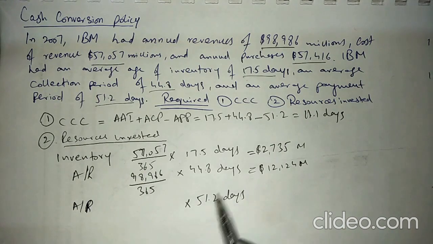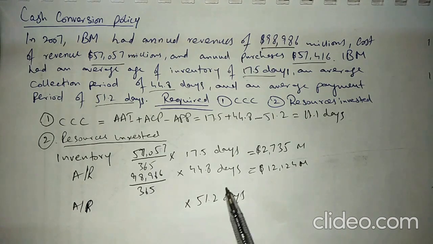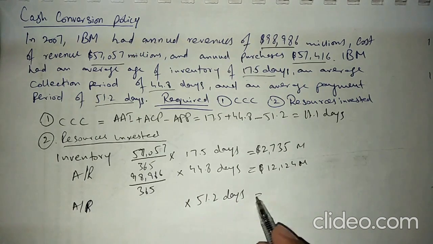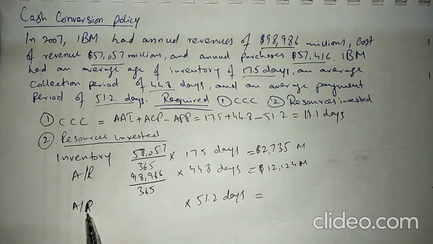So how can we calculate accounts payable for 51.2 days? If we have a whole year amount, then dividing by 365, that's how we can calculate 1 day accounts payable. And then if we multiply it by 51.2, that's how we can calculate accounts payable.